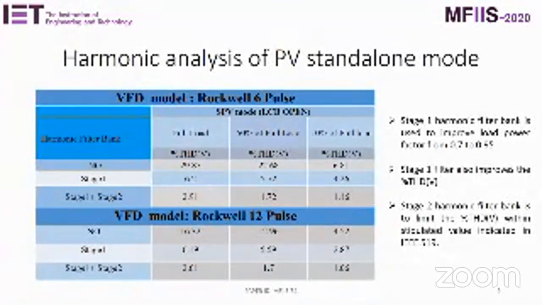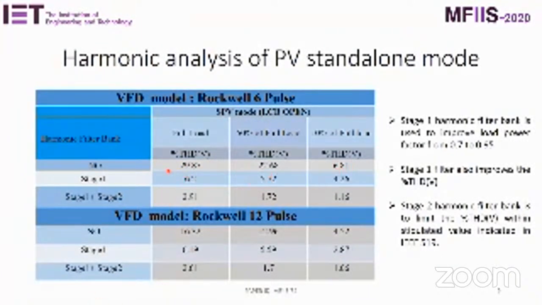This table shows the comparative study between the Rockwell 6-pulse inverter and Rockwell 12-pulse inverter for harmonic analysis in SPV mode. Here, at full load, the percentage THDV is 29.87%, at half load it is 22.68%, and at lean load 6.81%.